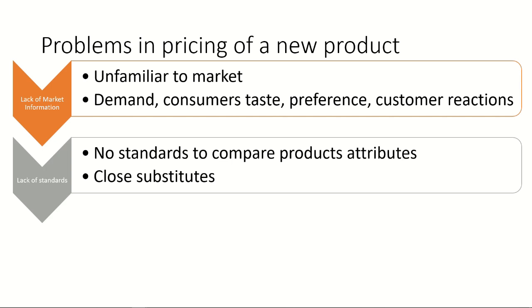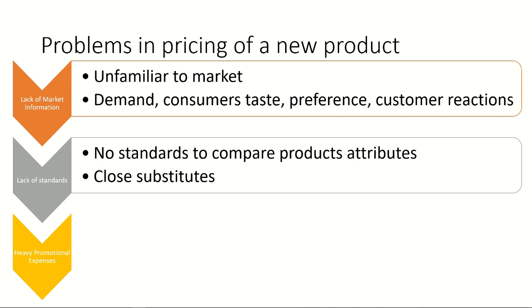There are no standards to compare the product's quality, design, color, weight, packaging, and price. And no close substitute is available in the market. So it is a major problem to decide the price in relation to standards.